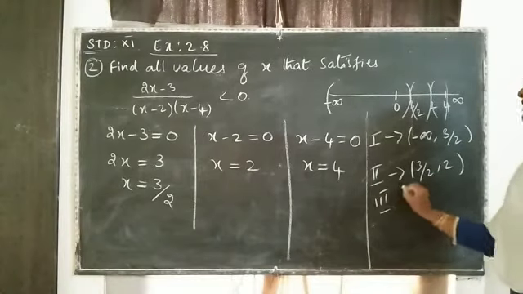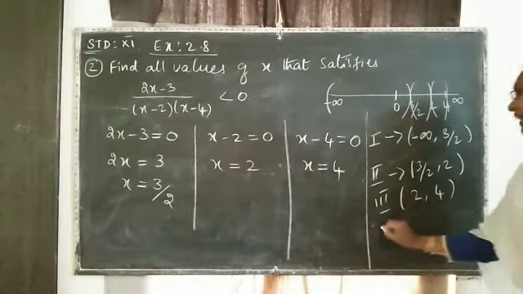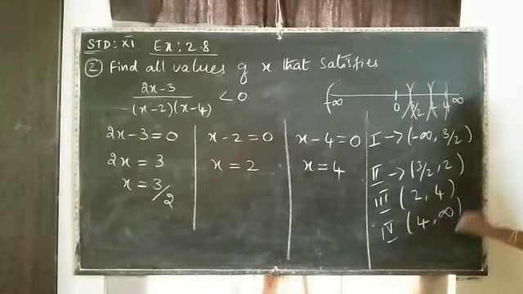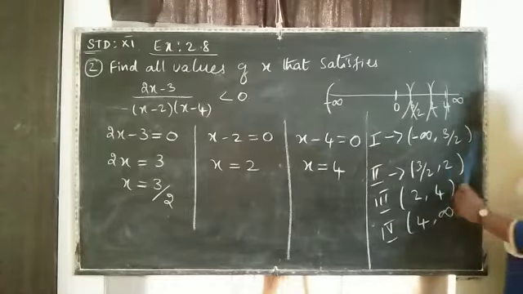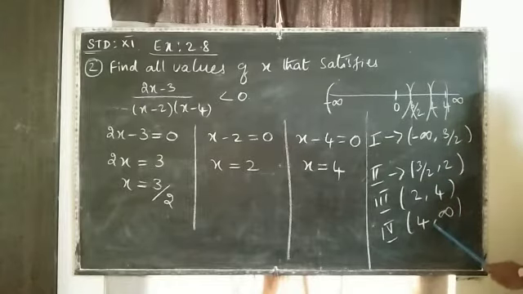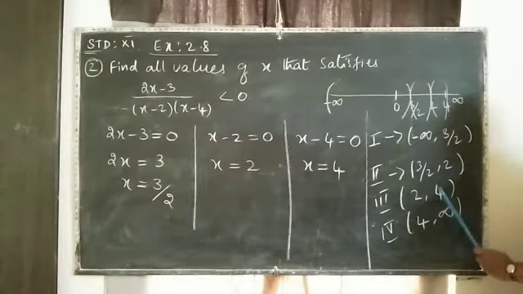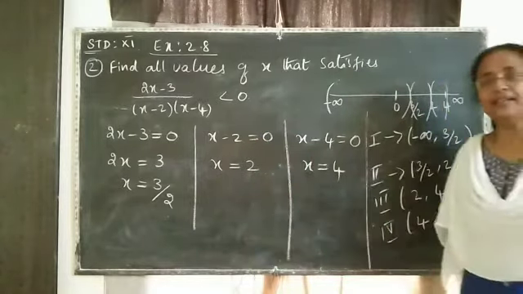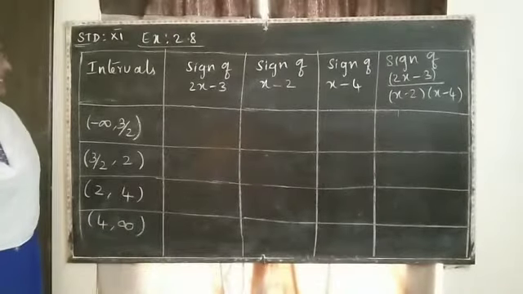Third one, 2 comma 4, and fourth one, 4 comma infinity. So these are the intervals to be checked, and we are going to take one representative out of each interval and check for which values of the interval suit this inequality. Shall we? Okay students, let's discuss now.